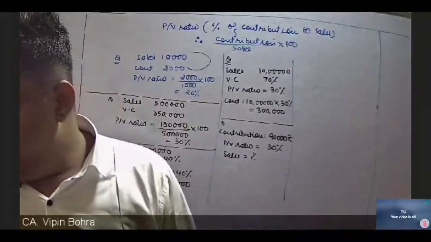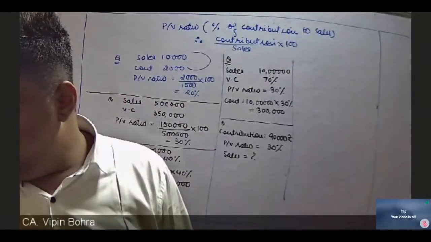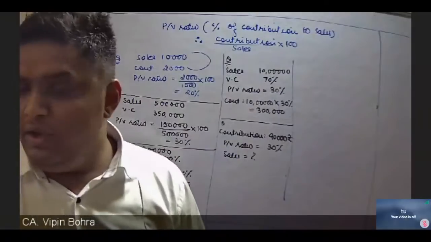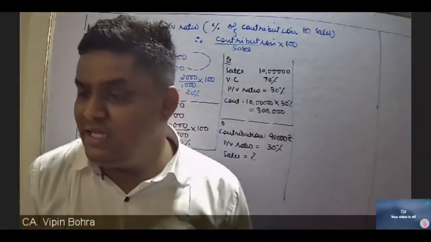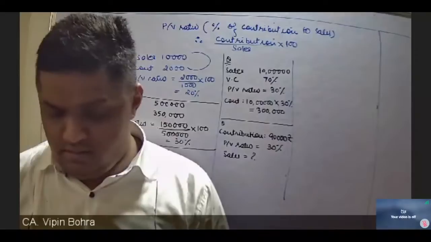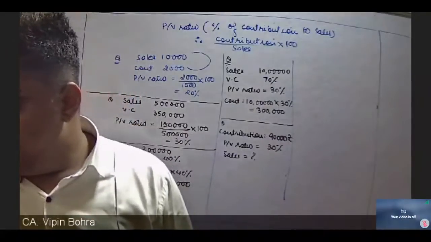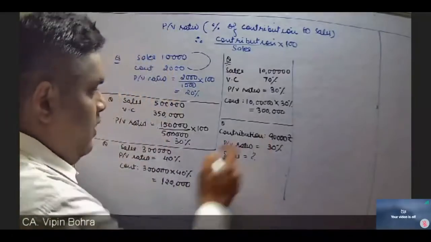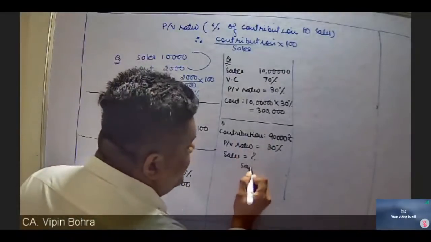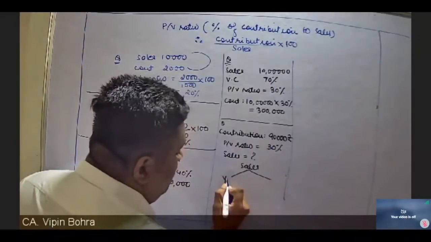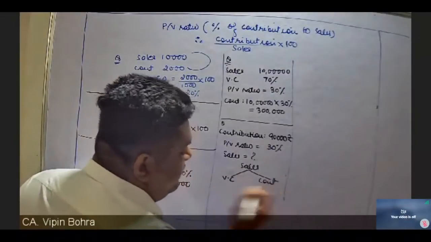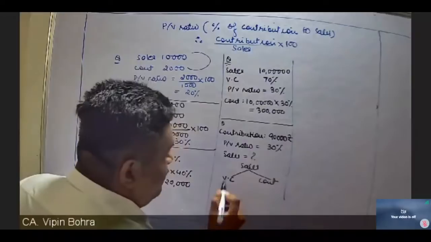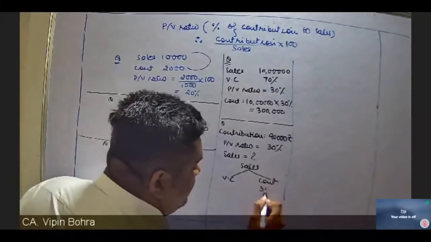Very good. Vaishnavi, Janvi, Brinda, your answer is incorrect. 56,000 is not the answer, Brinda. Please check. Now, as I told you, sales we divide in two parts, variable cost and contribution. Now PV ratio is 30% of sales.